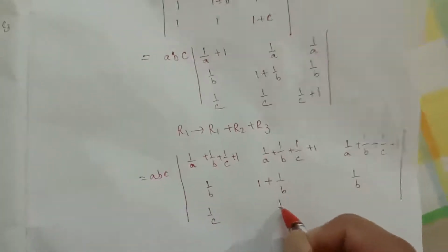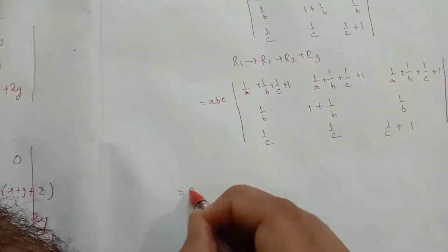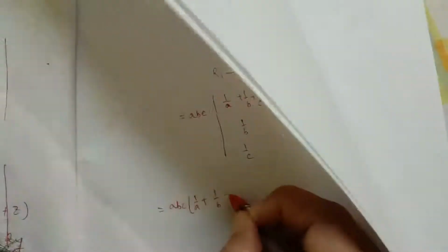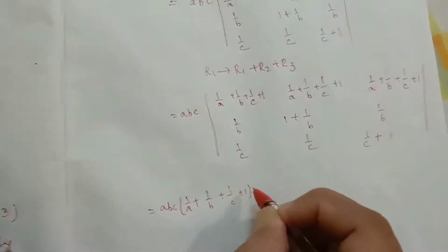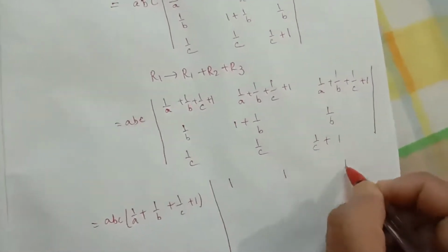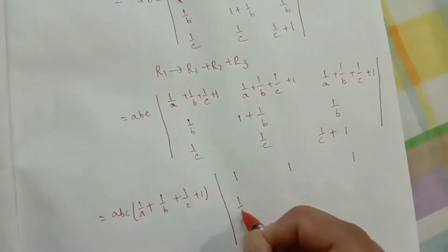Okay. Now if we take this element common, we get abc into the 1 by a plus 1 by b plus 1 by c plus 1 factor, and the first row will become 1, 1, 1. We have taken this element common. These two rows will be the same.